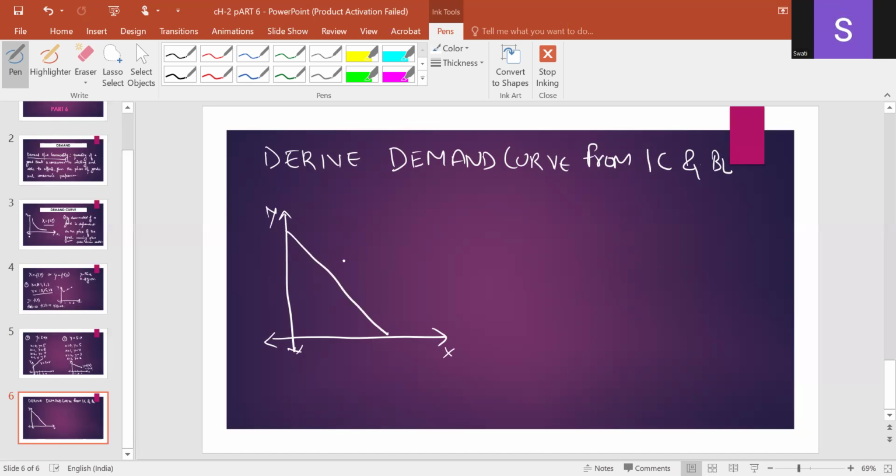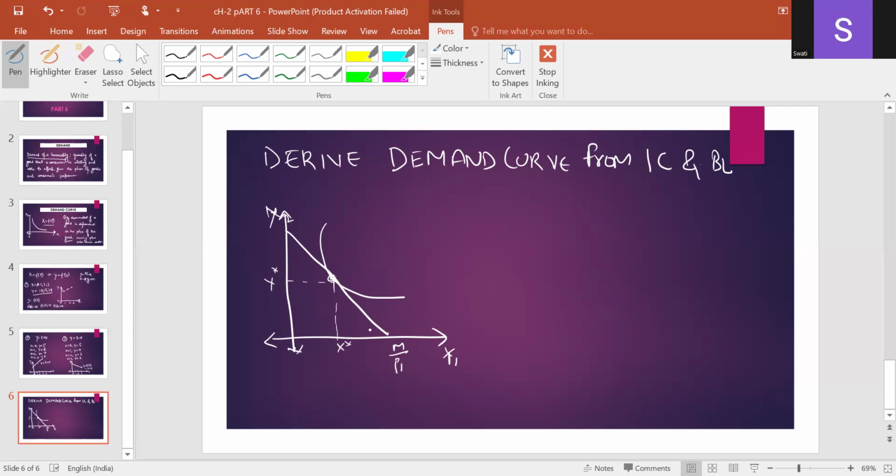Since we know that the demand curve is dependent on the price, the quantity demanded is dependent on the price. So let's change the price of a good. Let's say we have the initial optimal level. This is Y star and this is X star. Now M by P1, this is X1, and this is X2.